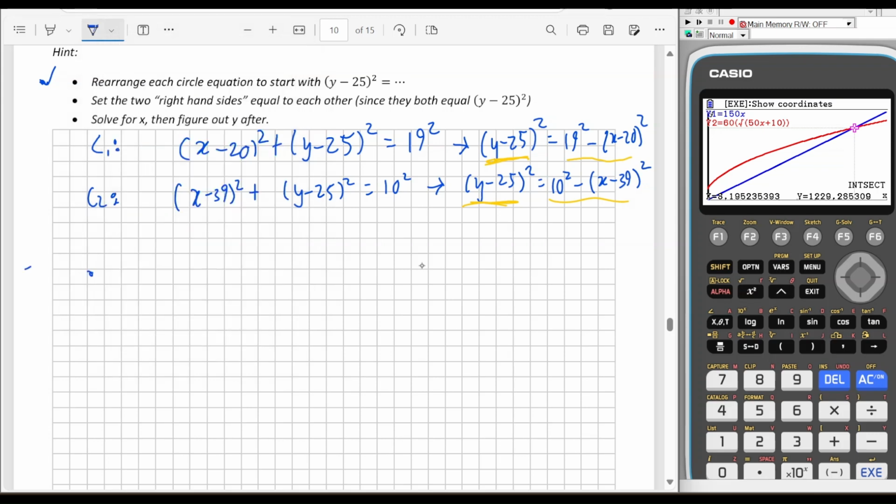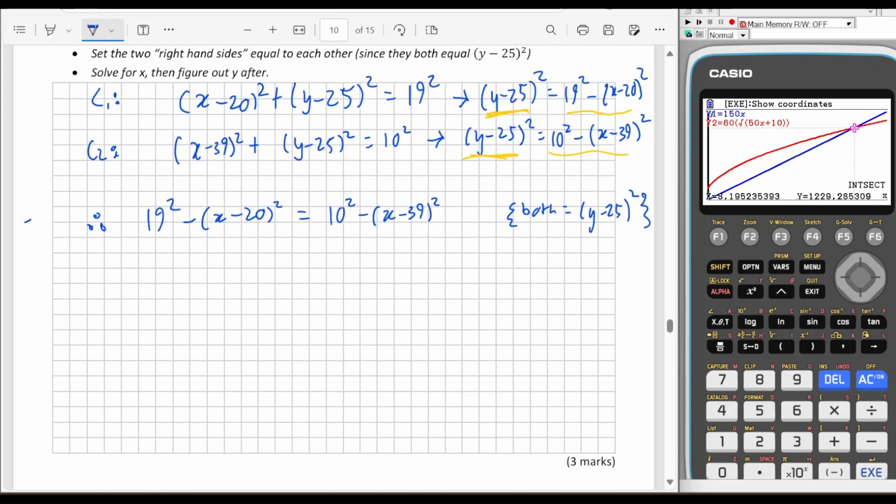So therefore, 19 squared minus (x - 20) squared would equal 10 squared minus (x - 39) squared. And these both equal (y - 25) squared. Groovy. All right. So we can work out what these numbers are.